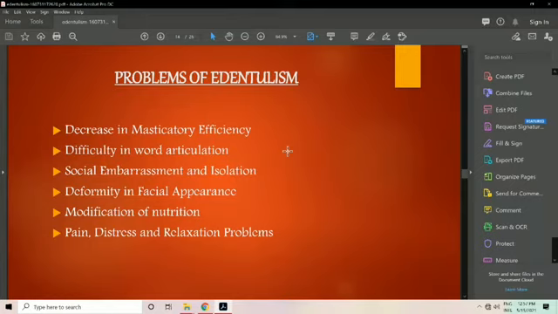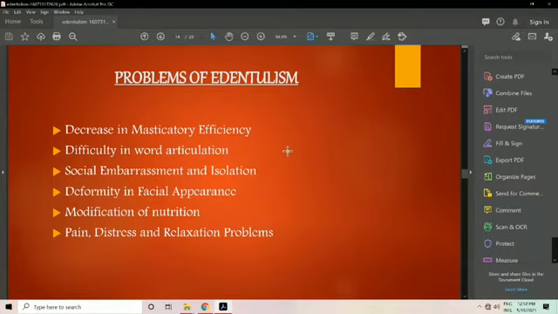Coming to what will be the problem if there is edentulism. If the patient is not going for dental treatment, what will be the problem? Basically, the problems will be decreased masticatory efficacy and difficulty in word articulation. The pronunciation of different words will be hampered due to missing tooth structure. Suppose I pronounce certain words starting from labial sounds, the anterior teeth will have an effect on the pronunciation of the words.